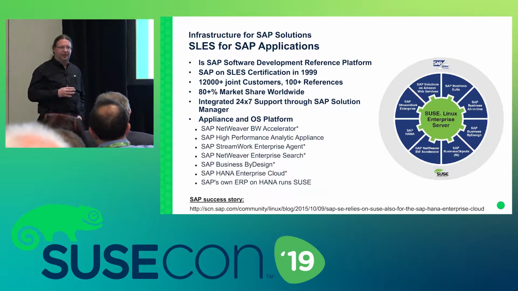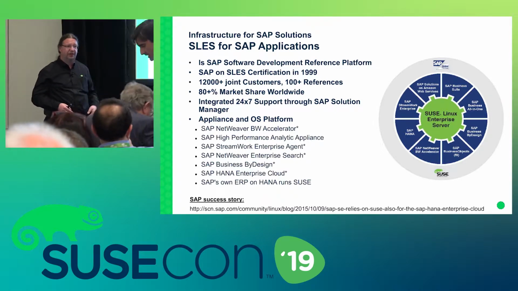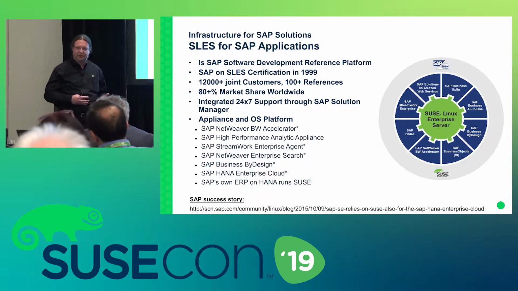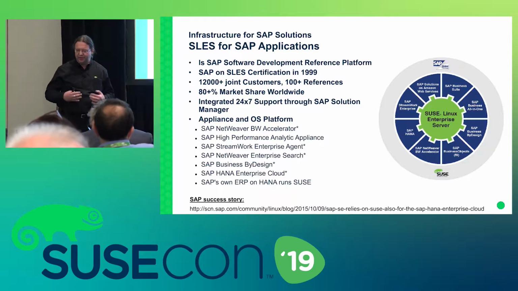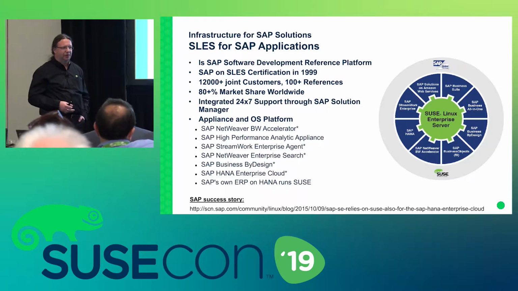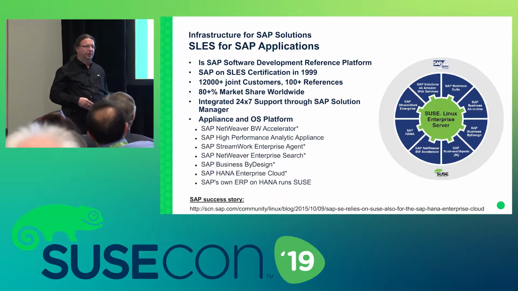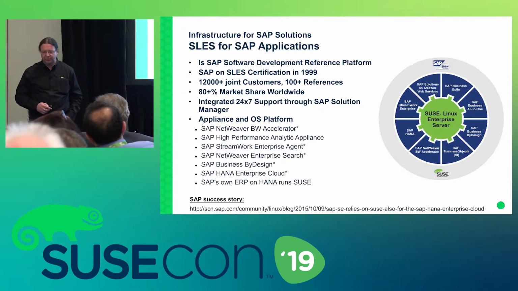The market share is about 90% for Linux-based workloads on average. And for SLES for SAP, we provide an integrated support with SAP Premium Support 24/7. That just comes directly with the product, and you see the number of references and also customers. So again, by far the most used distribution.